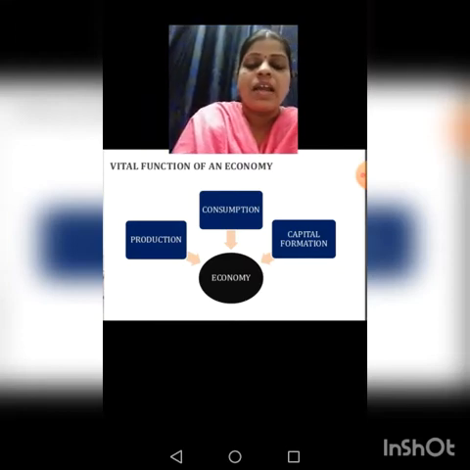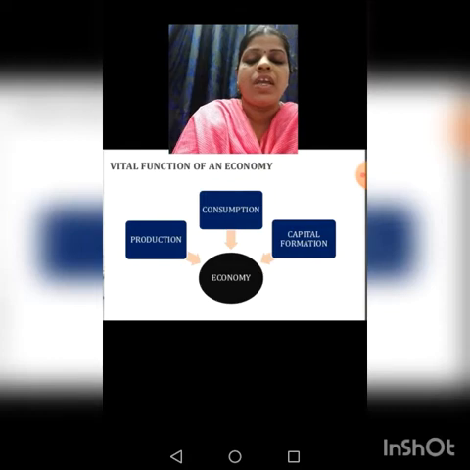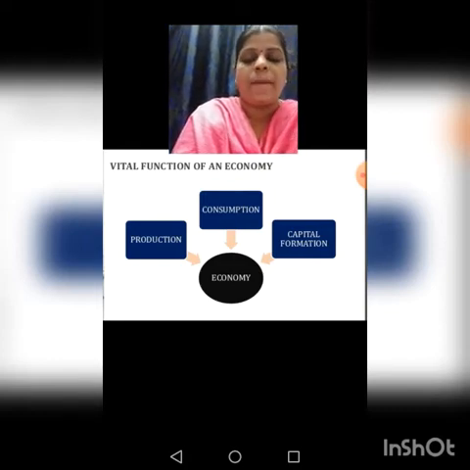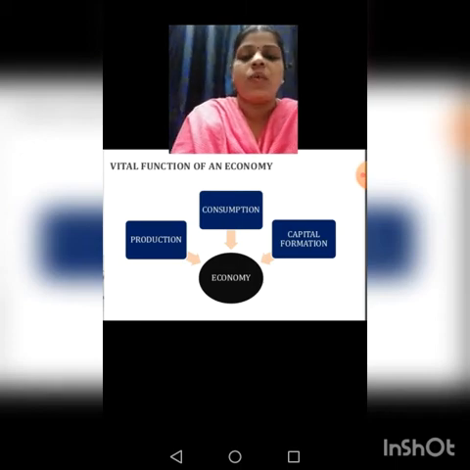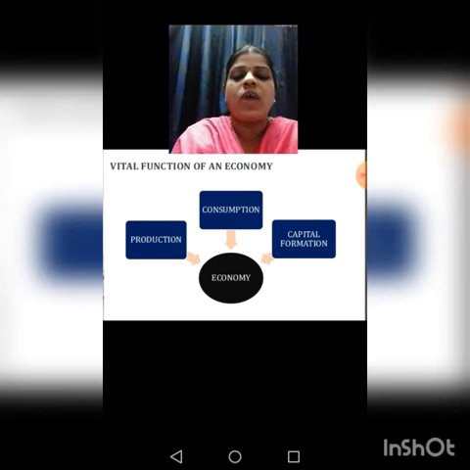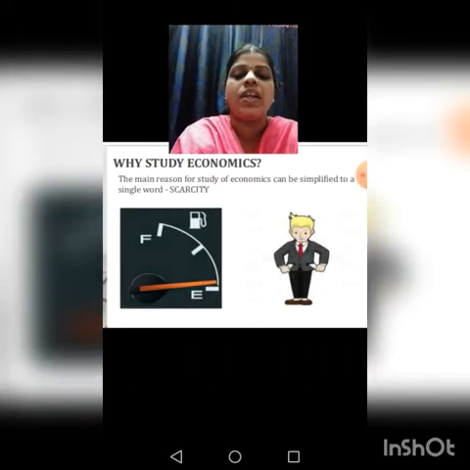And again this money we can use for further investment in an economy, which leads to increases in the profit also. In this manner the system works out, right? So these are the vital functions of an economy.